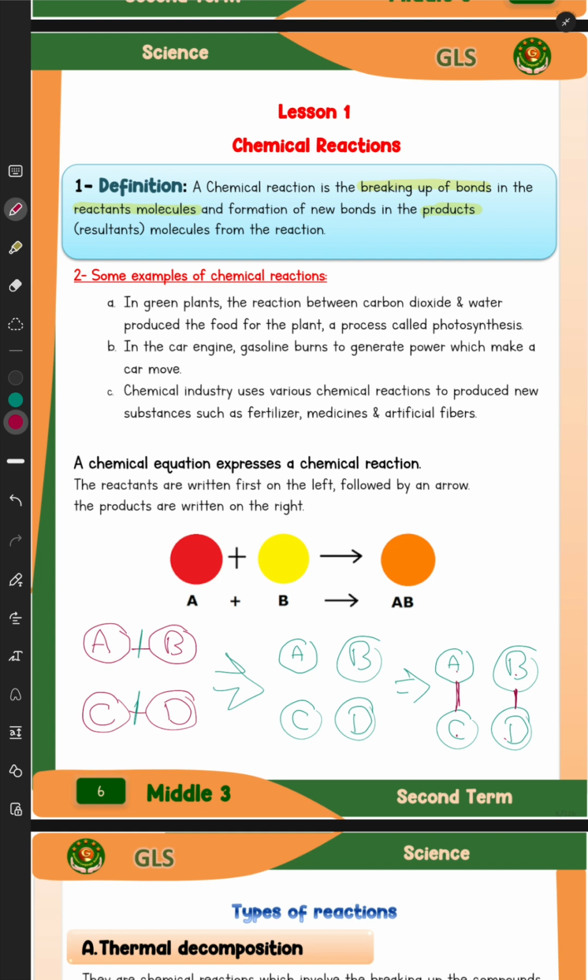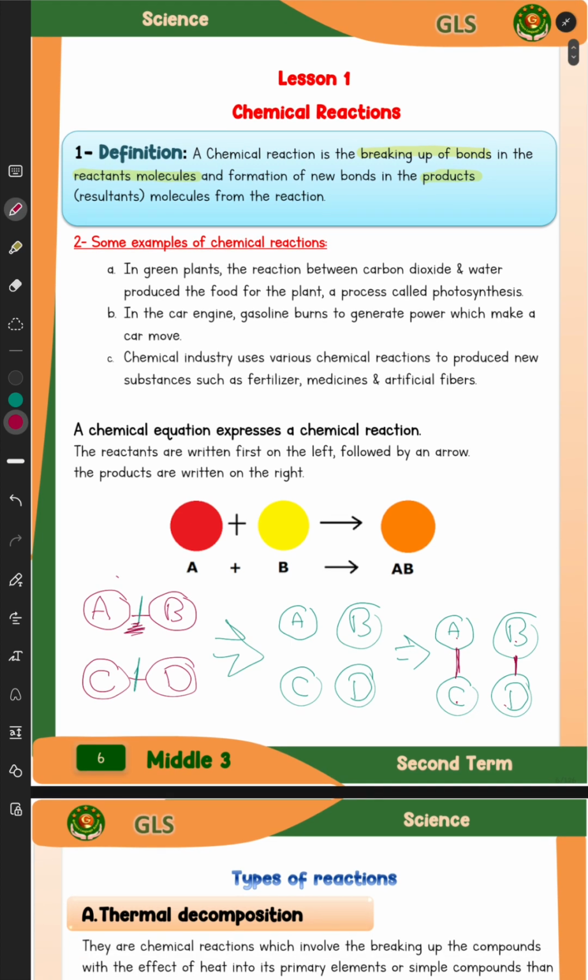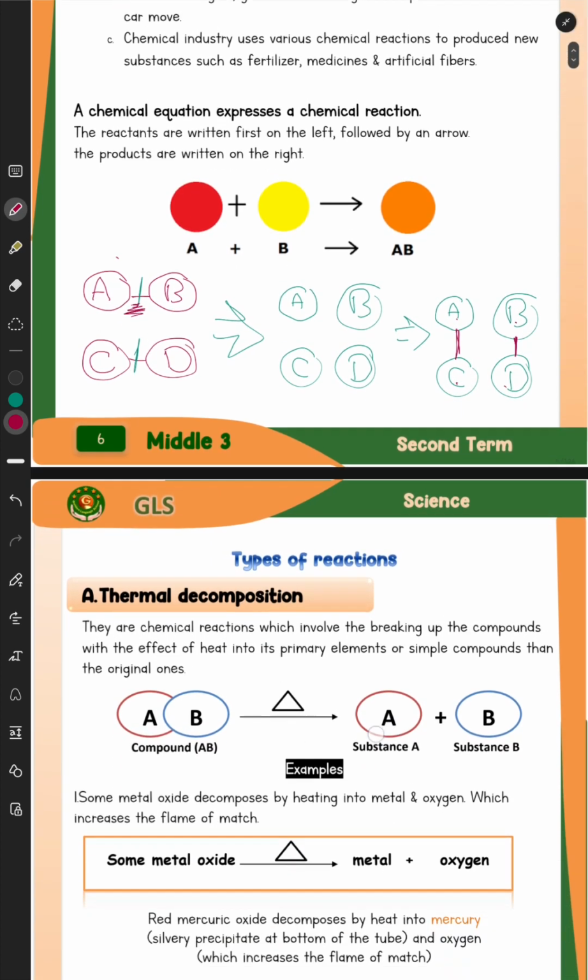So again, what is the definition of chemical reaction? It is the breaking up of bonds between the reactants, and the formation of new bonds in the product or resultants, to form a new compound, of course.